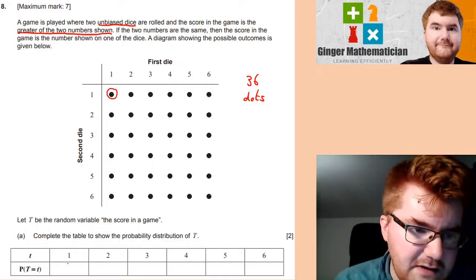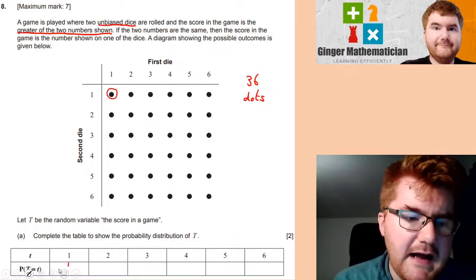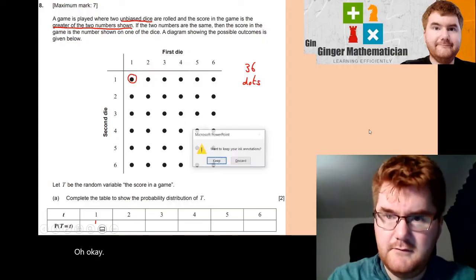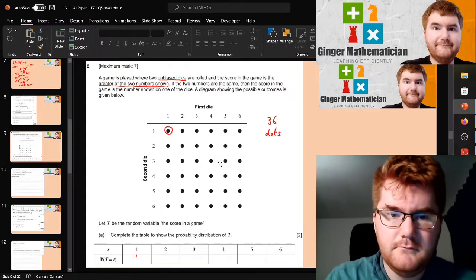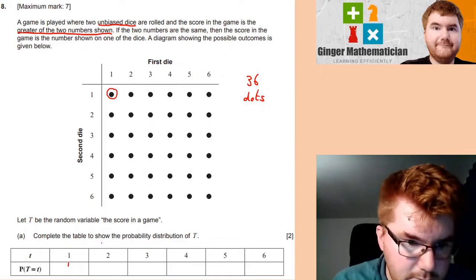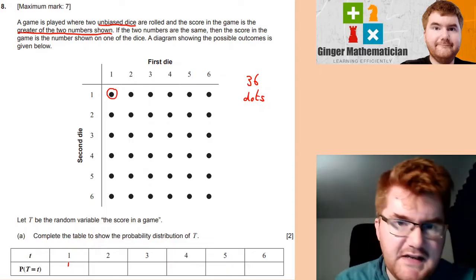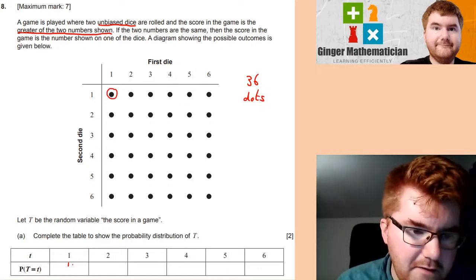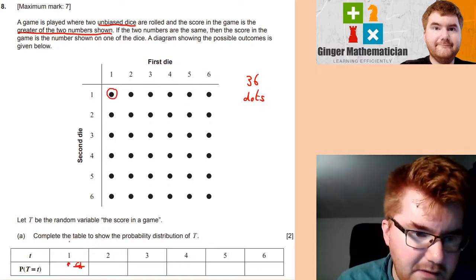So this is going to be one situation out of all the situations we see. And notice we have 36 dots, so it's going to be out of 36. I'm going to write this up here. So 1 out of 36.